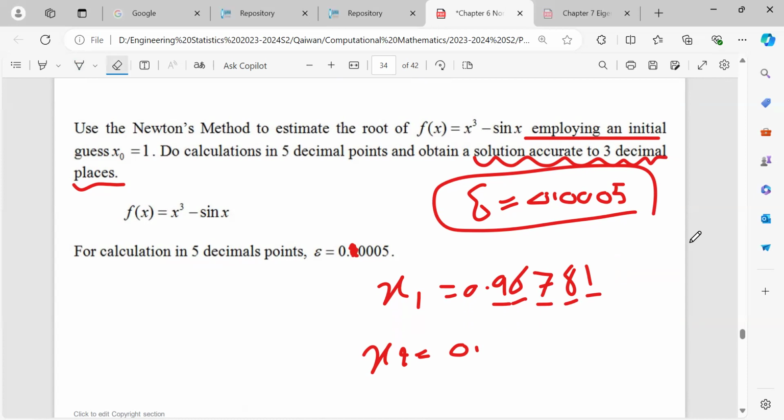The second one to be 9, 6, 2, 8 is 5. These are two x values, and each is written in 5 decimal points. If the difference of these two is less than 0.0005, we stop. We should stop there.